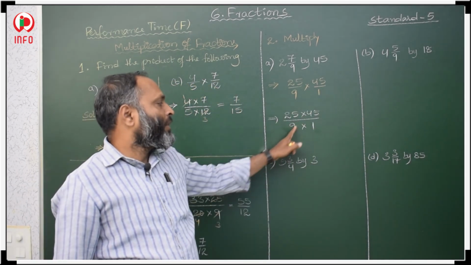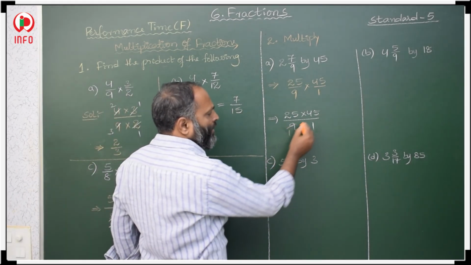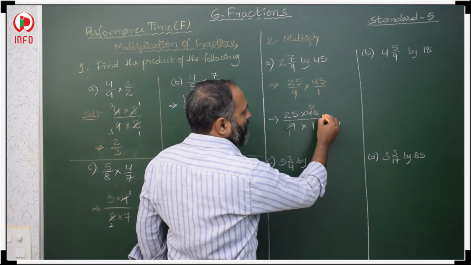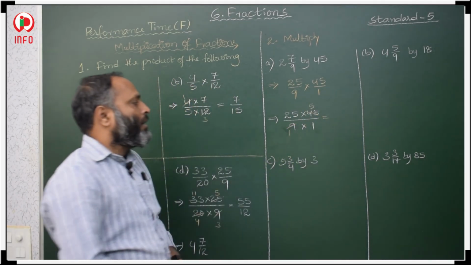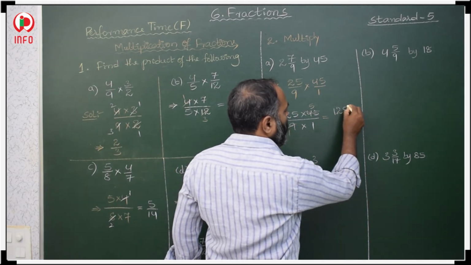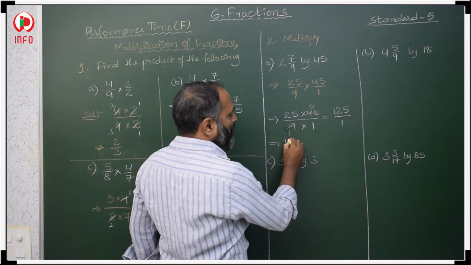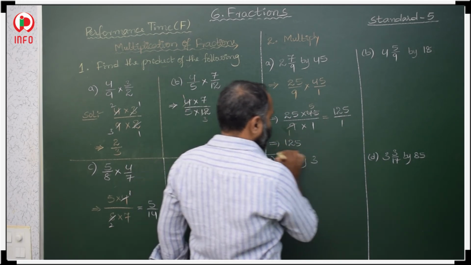These two have common factor 9, then cancel in the 9 table: 9 1s are 9, 9 5s are 45. Down, 25 5s are 125 by 1 1s are 1. So, that means 1 1s are 1, no need to take by 1, only 125 is the answer.